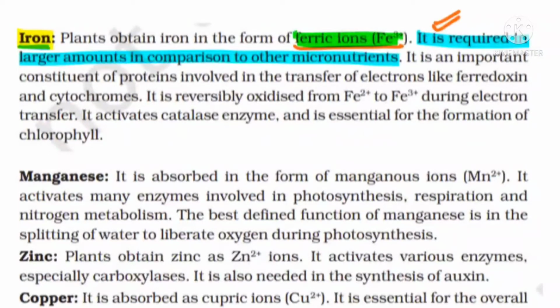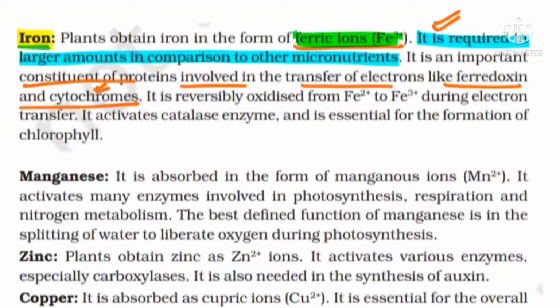Now, iron, I told you we will be studying. We have studied the iron in the electron transport, in the respiration, then in the photophosphorylation, also in the photosynthesis. So it is an important constituent of proteins which are involved in the transfer of electrons like ferredoxin and cytochrome.